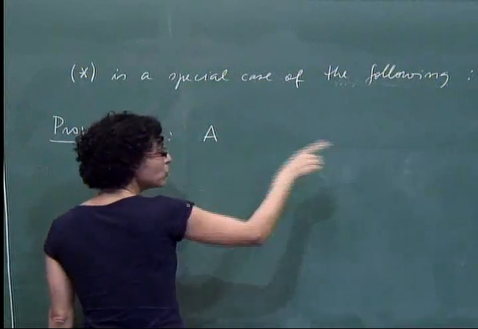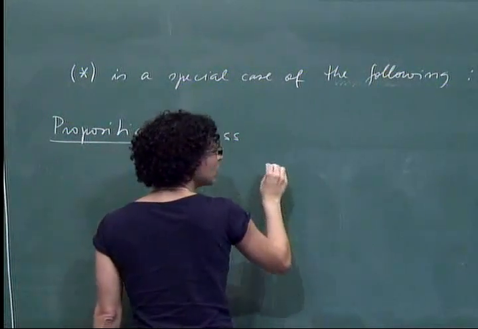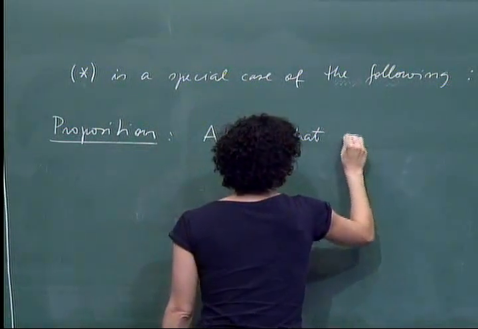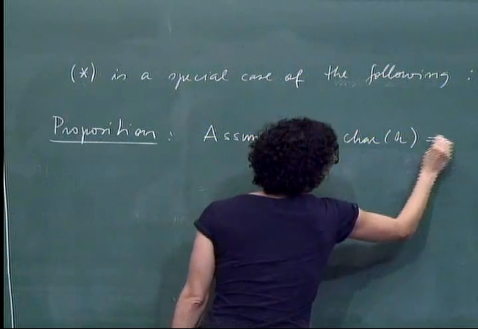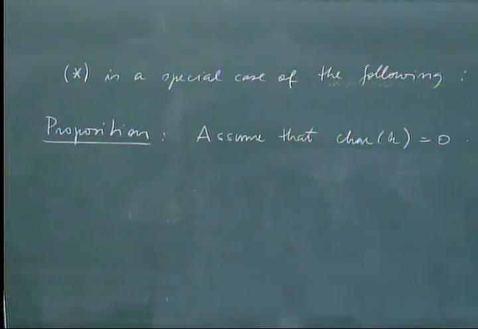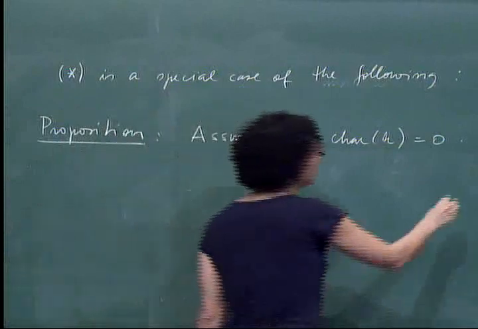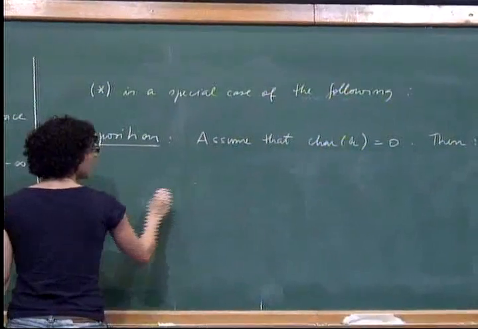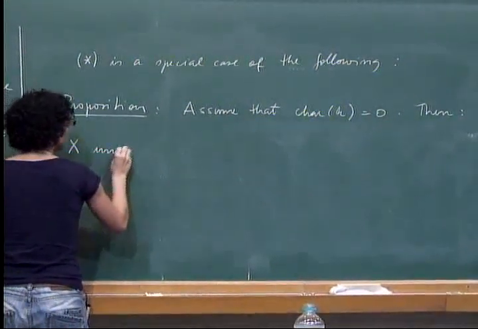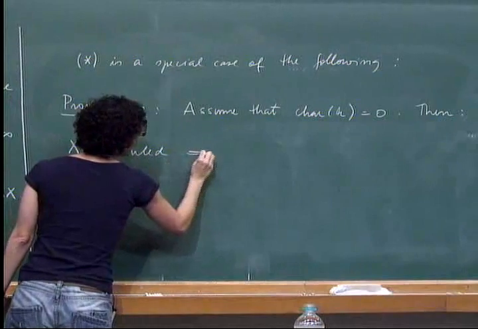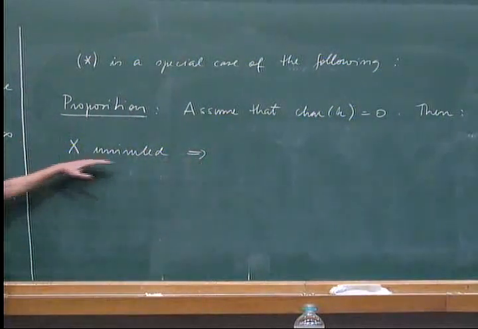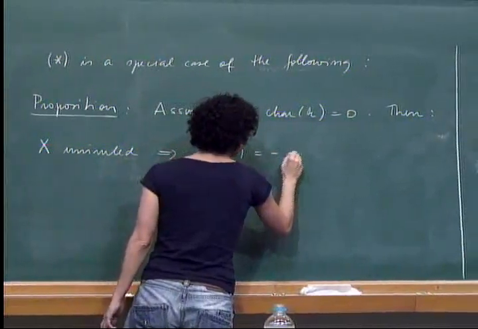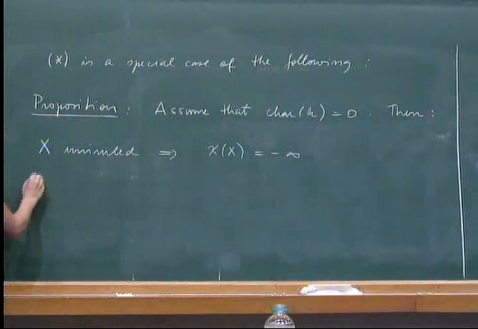So here again we have to assume that the characteristic is 0. Then if X is uniruled, we will show that X uniruled implies that the Kodaira dimension of X is negative. So we will prove this.